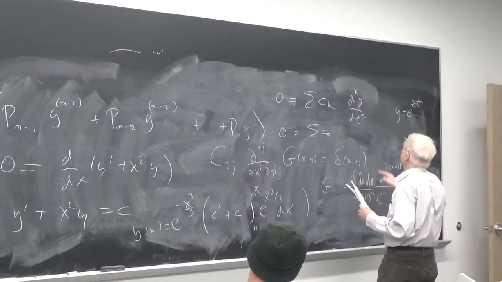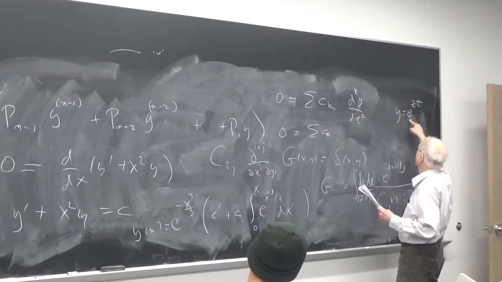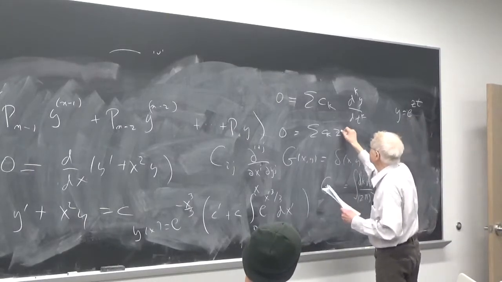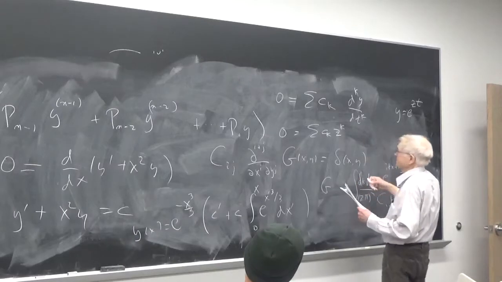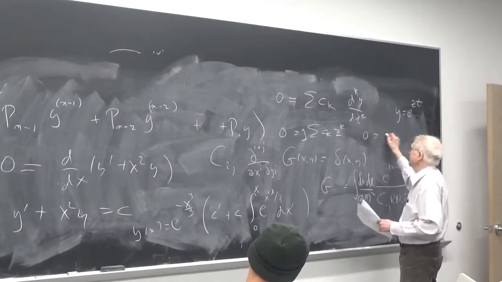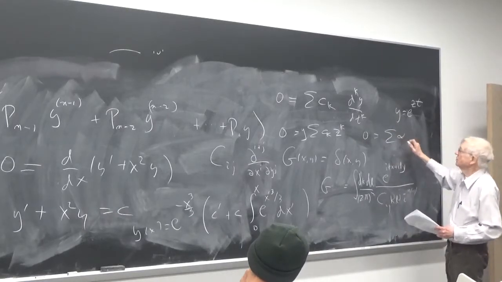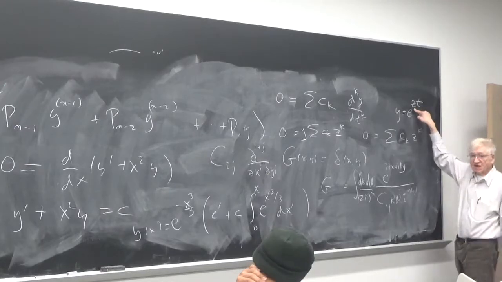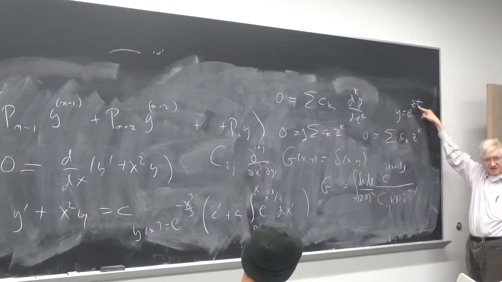The kth derivative of y with respect to t is going to be z to the k times y, so you can factor out the y, and you get the sum of c_k z to the k. So you solve this equation for z.